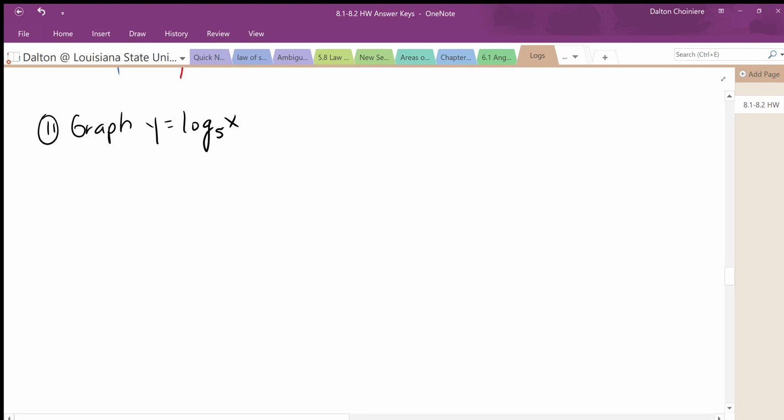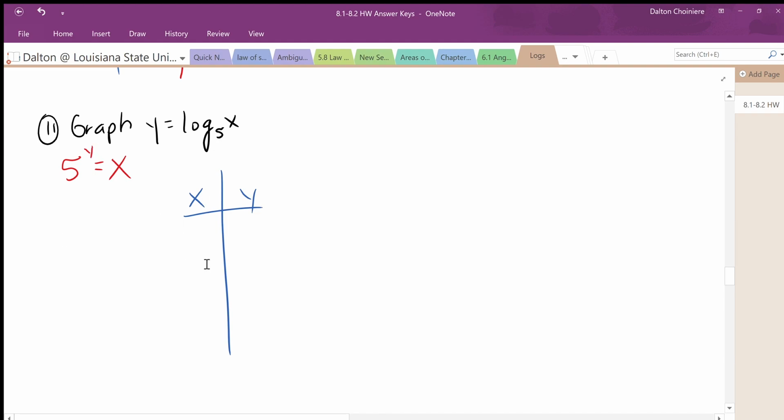So I recommend using our exponential converter, if you will, to write this using exponents instead. I could rewrite this as 5 to the y power is equal to x. And then I can create a table of values with this setup. This time, just know that you're starting with y.